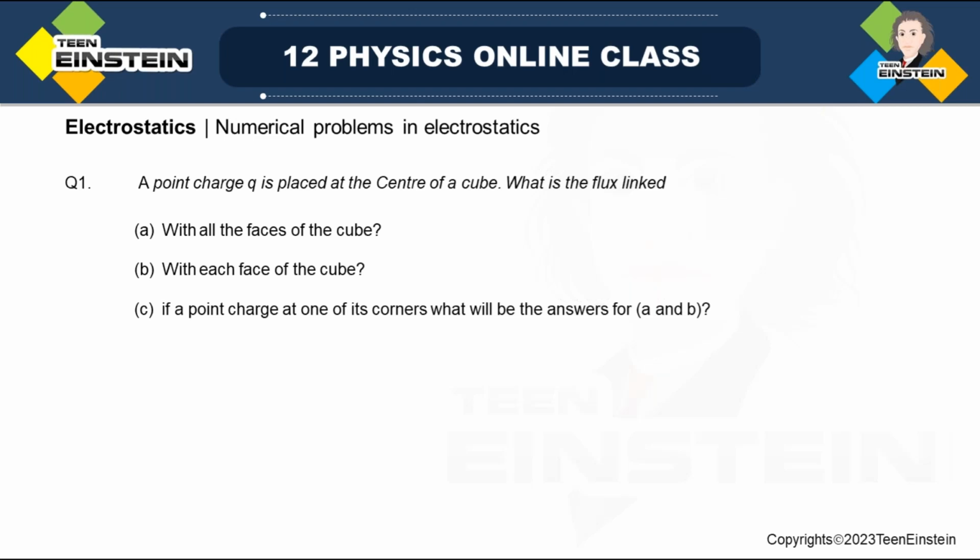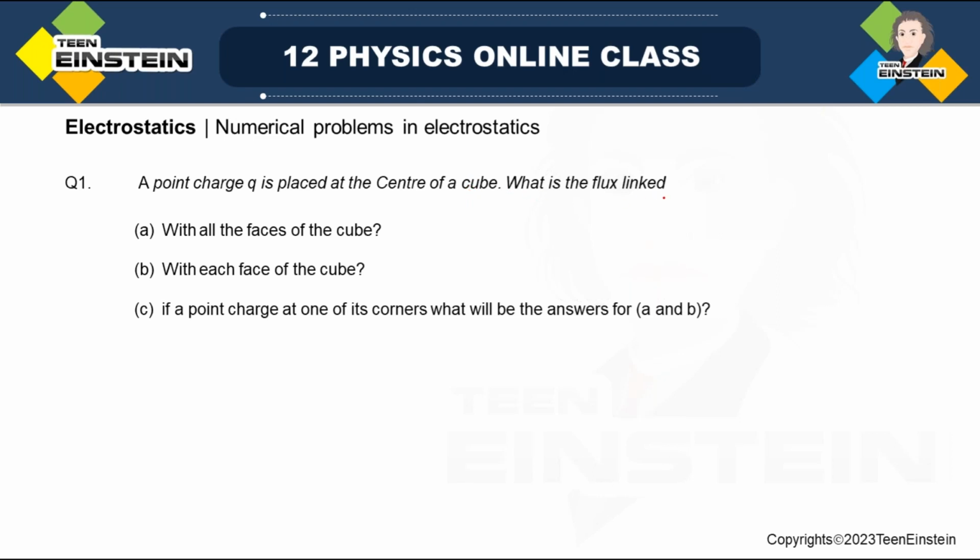So today, let us see the first problem. This problem says that a point charge Q is placed at the center of a cube. Suppose the medium in the center of the cube is air.